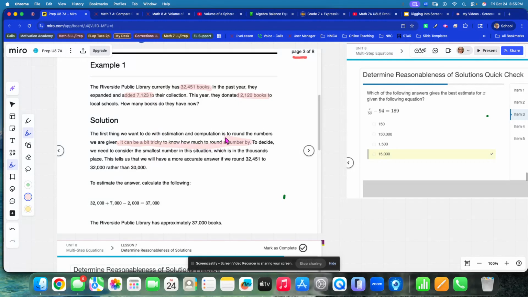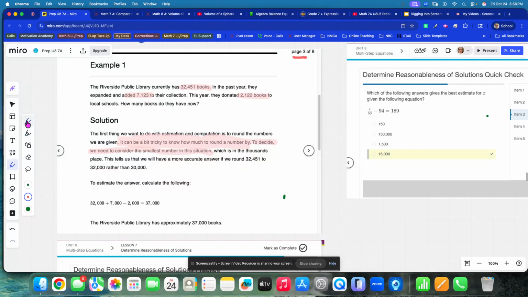It can be a little tricky to know how much to round a number by. Okay. To decide, this is the really important part. We need to consider the smallest number in the situation.